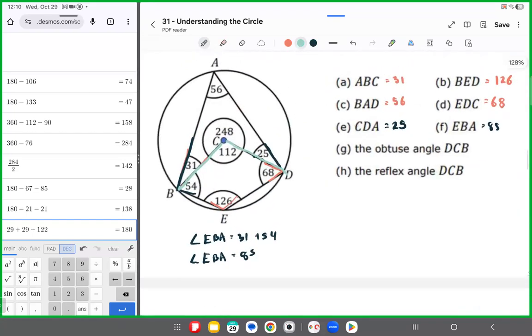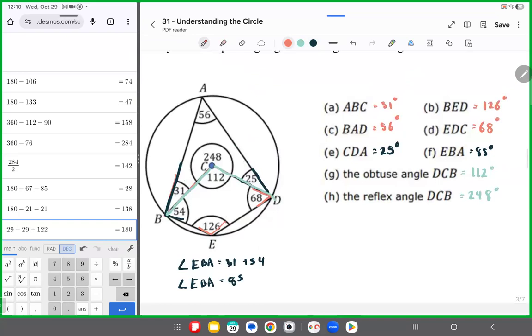So the obtuse angle DCB will be 112, but the reflex angle is the other side of it, because you can describe it the same way. So DCB would be 248. And so that's how we can end up with some ambiguity in these, insofar as we need an effective way to describe this. And this is how they differentiate those.